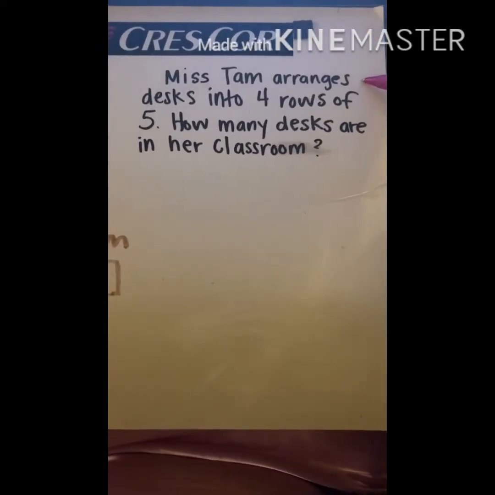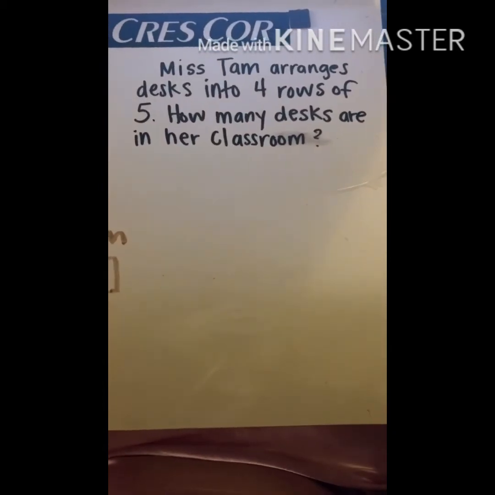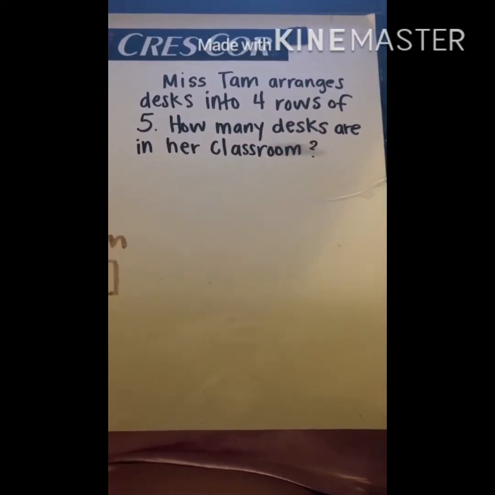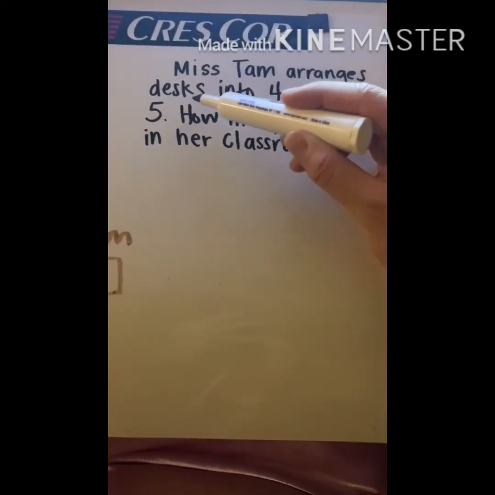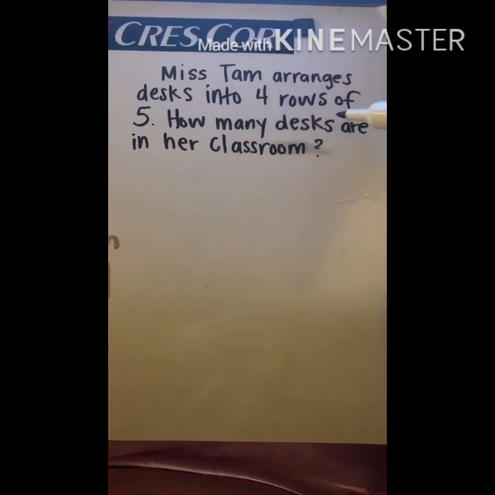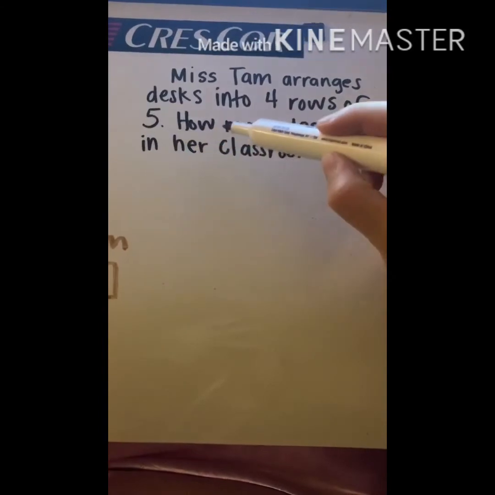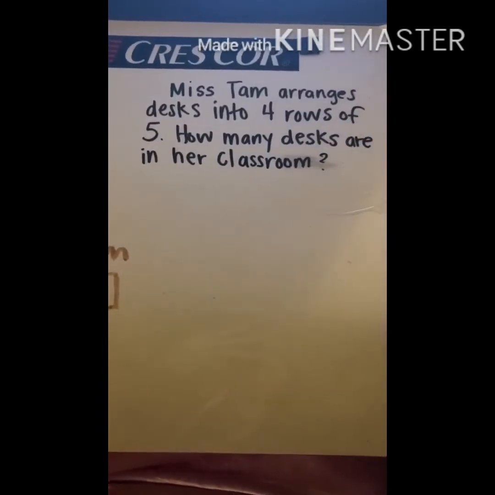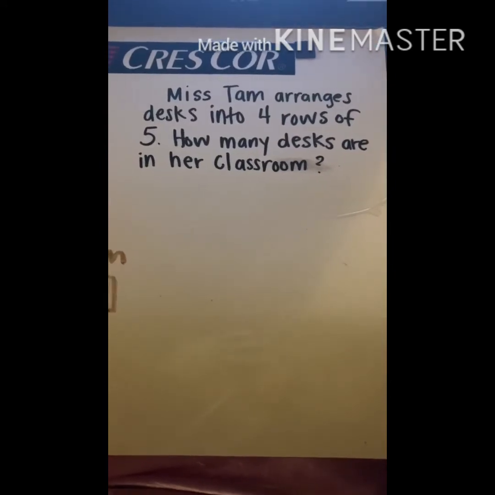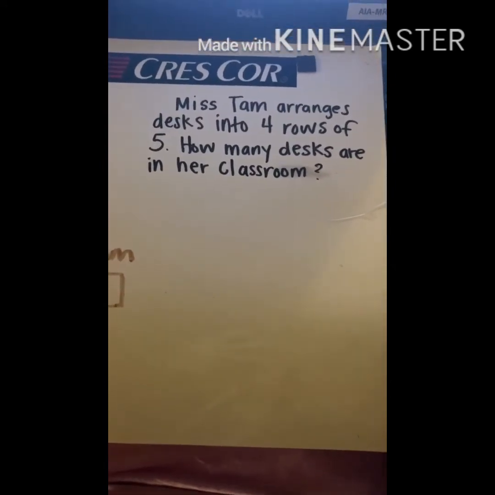What's the first step we need to do with our word problem? We need to read it. So here we go. Miss Tam arranges desks into 4 rows of 5. How many desks are in her classroom? Now remember, Lions and Trojans, we don't just read it one time.